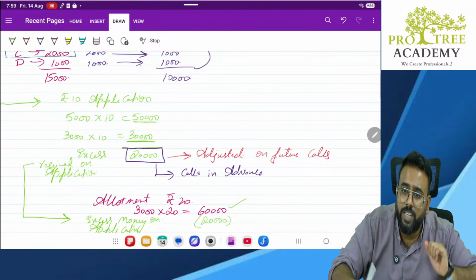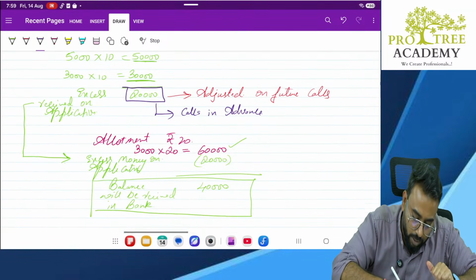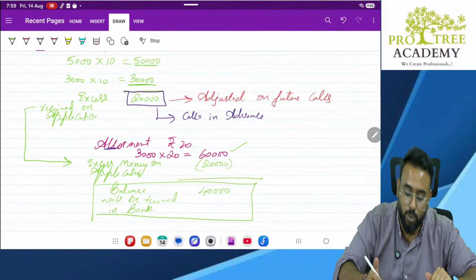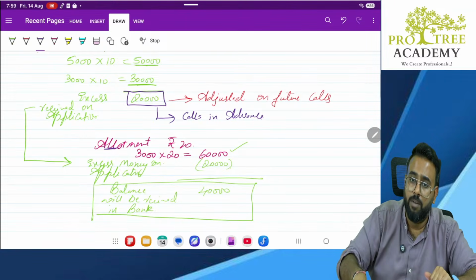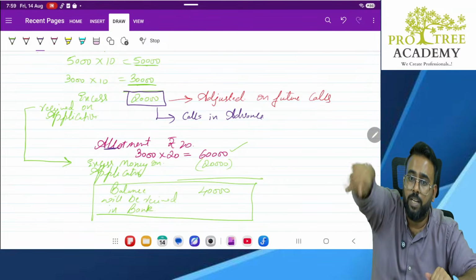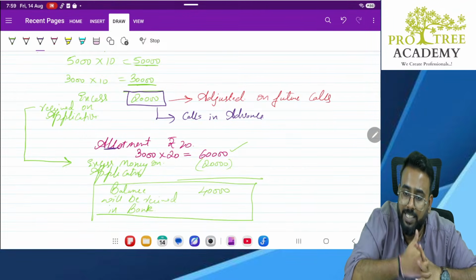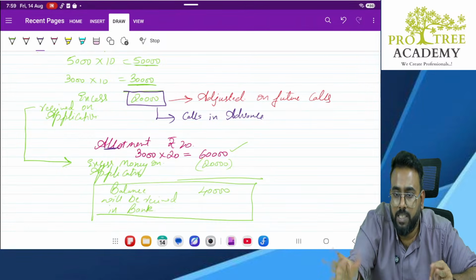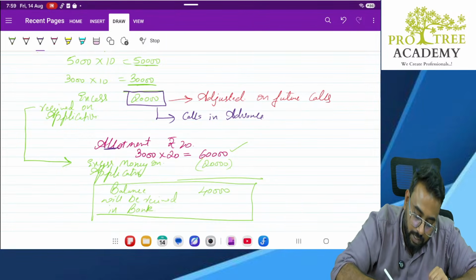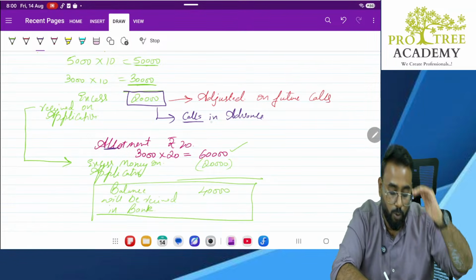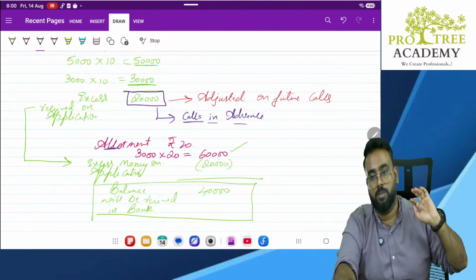See, this extra 20,000 is towards what? Sir, it is towards allotment. Correct? So, have they not given the money in advance during application only? It is like an advance. Till allotment happens, it is like an advance. So, this will be transferred from share application money to the calls in advance account.